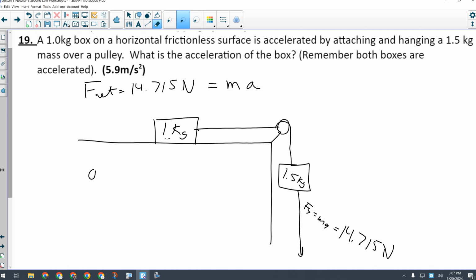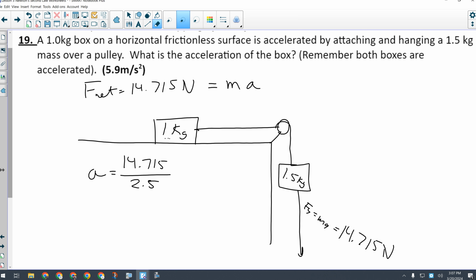So the acceleration of the 1 kilogram mass will be the same magnitude as the 1.5 kilogram mass. Right? They'll have a different direction because that one's going forward and that one's going down. Okay? But we'll still have 14.715 newtons, but now divided by the mass of the system.